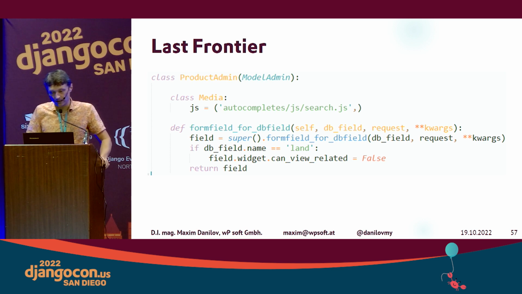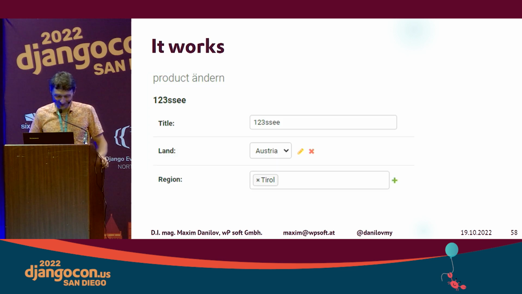But I think this is also not the correct way, and we should have the possibility to override this wrapper in model admin. But right now we don't have this possibility. Okay, it works. We have it, and right now I turned off the add and view possibility.